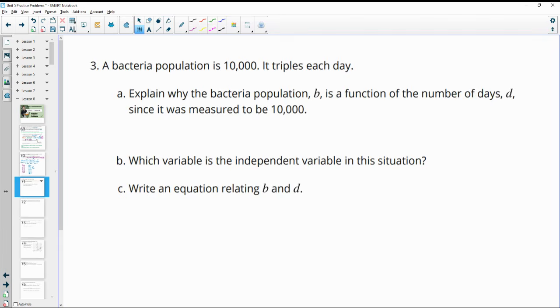Number 3, a bacteria population is 10,000 and it triples each day. Explain why the bacteria population B is a function of the number of days.